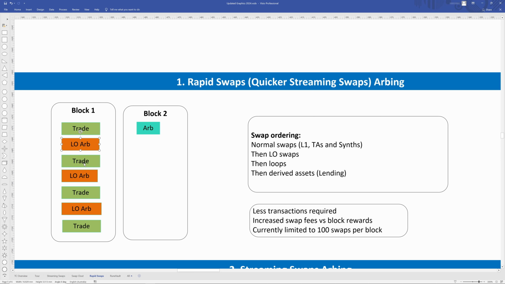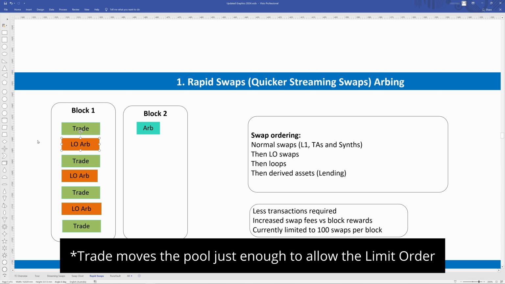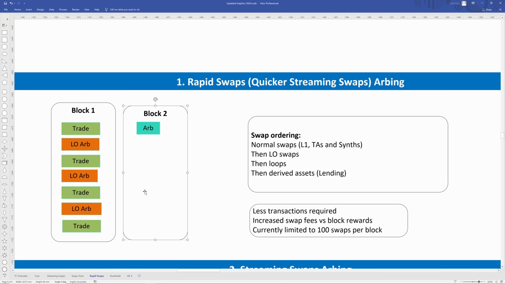So this then allows the pool price or the pool ratio essentially to stay in the same position as these trades are moving on, because you're going to have a trade that moves it in one way and the arb that moves the pool back in the other way, and so on and so forth. So then you can have a very large trade that's been executed in one block, and you're not needing these subsequent blocks for arbing like just with normal streaming swaps.